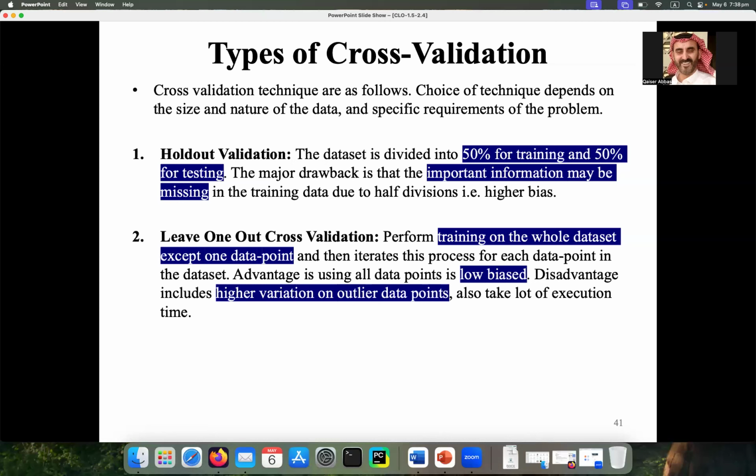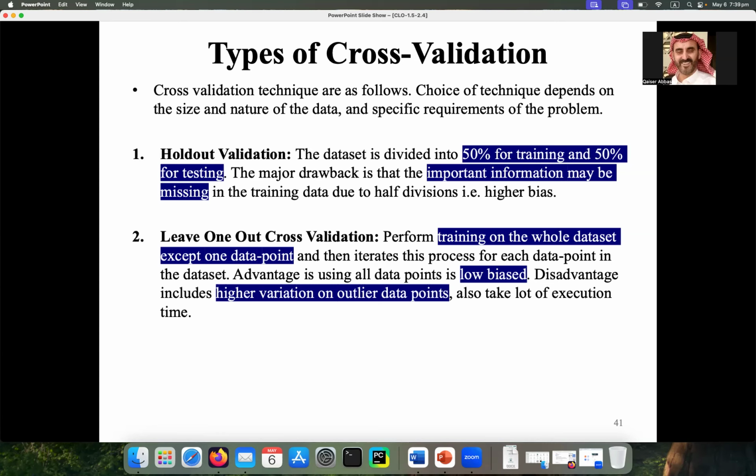In holdout validation, you divide your data set into 2 halves, 50% and 50%. 50% would be training, 50% would be your test data or validation data. Then you train your model, and there is no repetition needed, so you do the training only once.